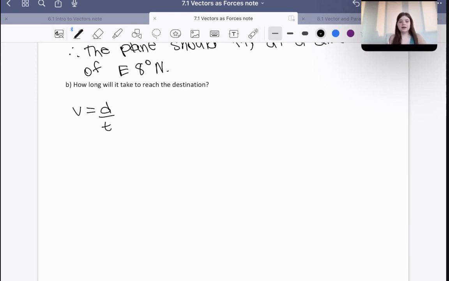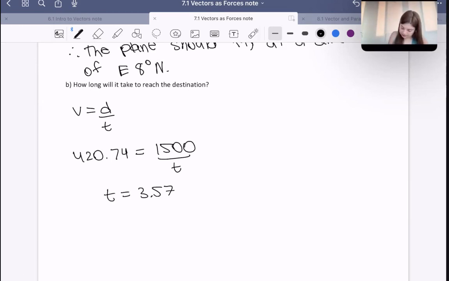Okay, so we know that v is 420.74, and that's equal to the distance, which is 1500, over the time. And the time is what we're trying to figure out. We would like to know how many hours it will take to travel 1500 kilometers at this rate. So therefore, t is equal to 3.57 hours.